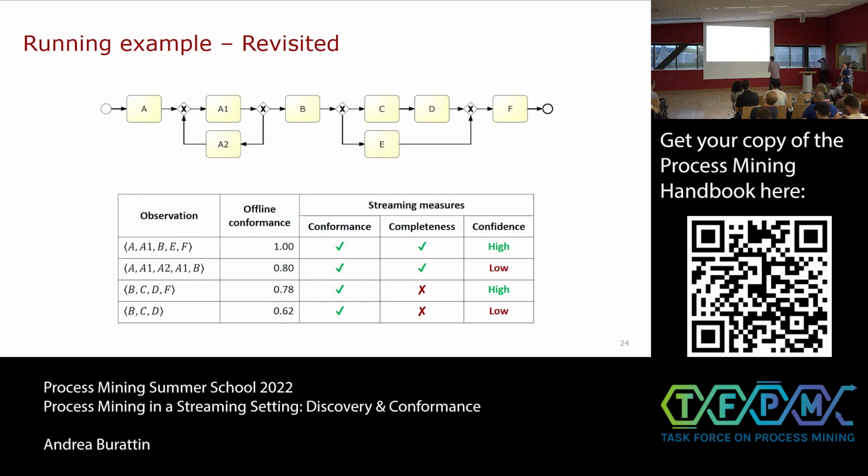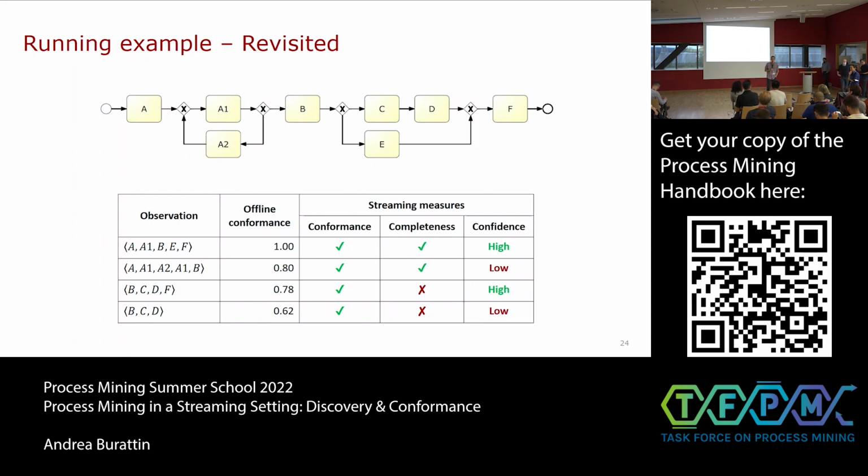The completeness refers to the completeness from the beginning of the trace. The idea of the completeness is: have we seen everything for this trace up to this point in time? Because the assumption here is that what we don't see is because it has still to come. So the completeness refers to the past, essentially.